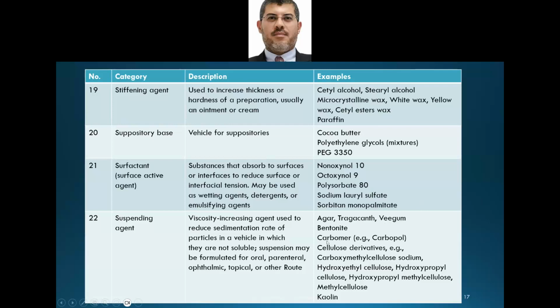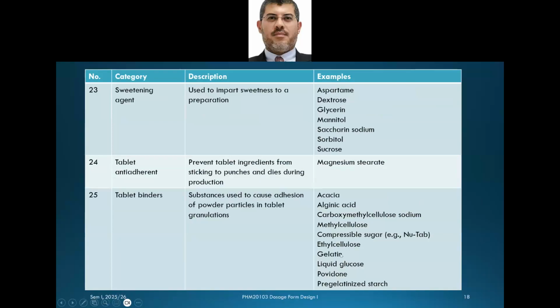These are examples. Some of them are polymers like carbomer, agar, tragacanth, carboxymethyl cellulose, hydroxyethyl cellulose, hydroxypropyl cellulose, hydroxypropyl methyl cellulose, this is the HPMC I was mentioning, and kaolin, which is inorganic.